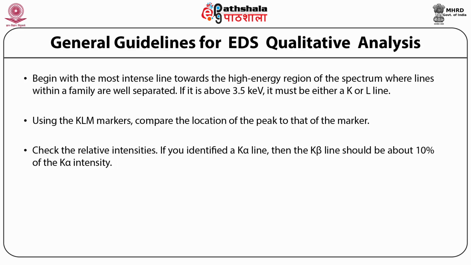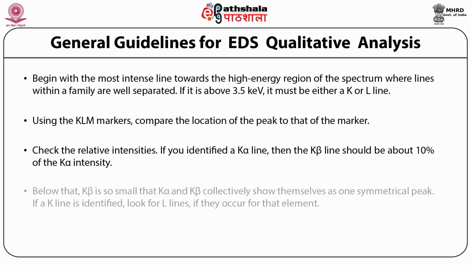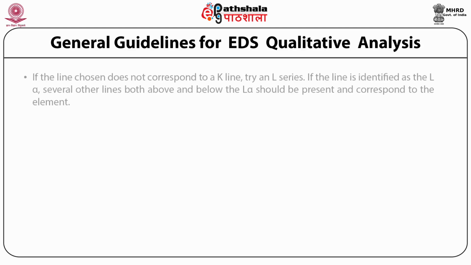K alpha and K beta lines are typically resolved at sulfur and above. Below that, the K beta is so small that K alpha and K beta collectively show themselves as one symmetrical peak. If a K line is identified, then look for L lines if they occur for that particular element. If the line chosen does not correspond to a K line, try an L series.